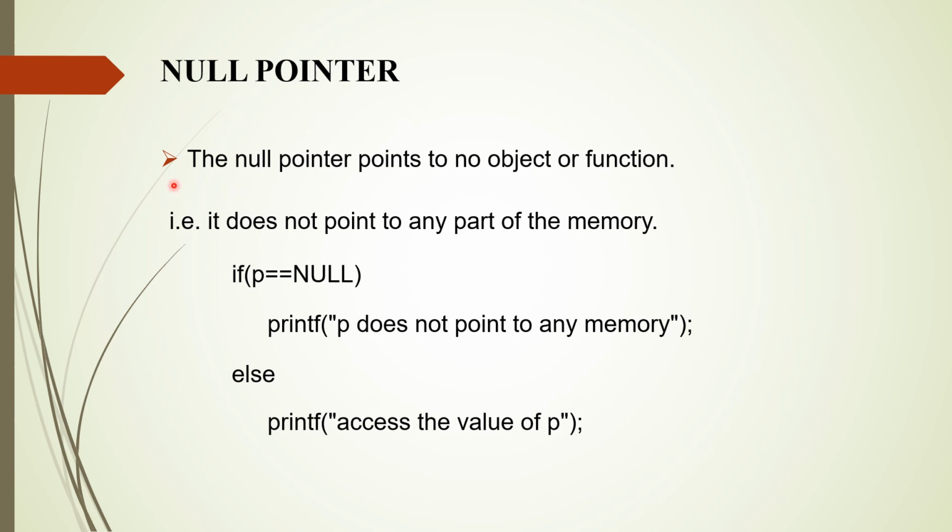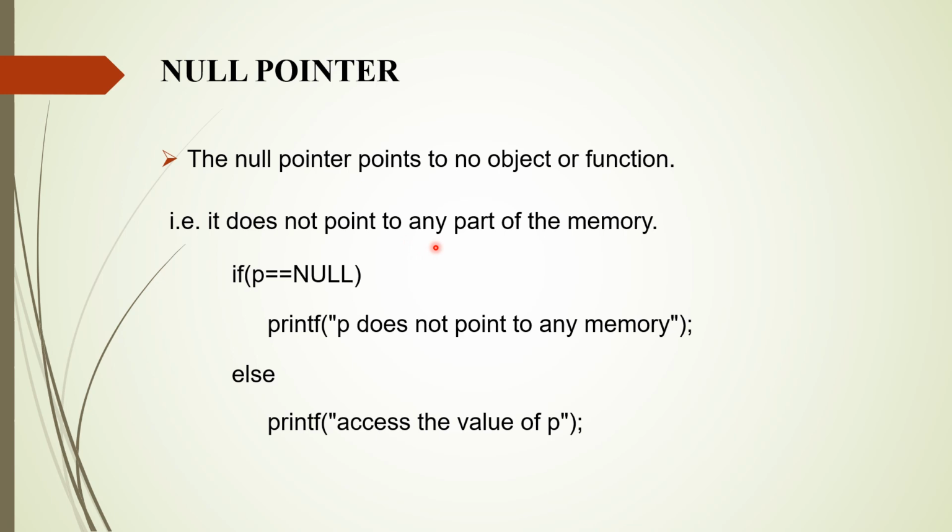So it is better to assign the value NULL soon after creating a pointer variable, because if the variable is not pointing to any memory location during the execution of the program, it may produce some dangerous error. That's why it is better to have a practice of assigning the value NULL soon after the pointer variable gets created.